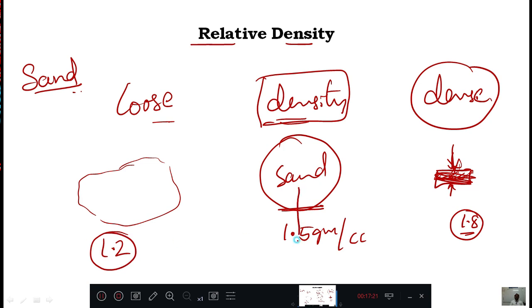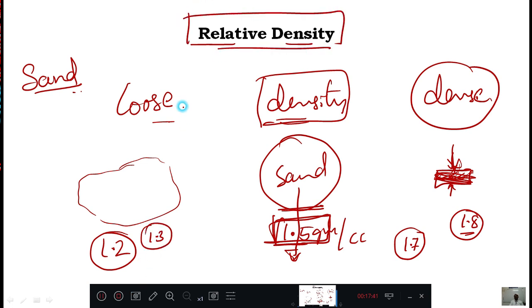Then in my field I have a field density of 1.5. Then I will come to know whether my sand is good or bad. This is somewhere in between. If I have a field density of 1.7, my sand is good. If I have a field density of 1.3, my sand is bad. This idea I get from relative density.